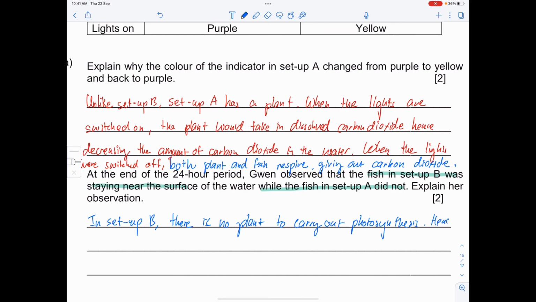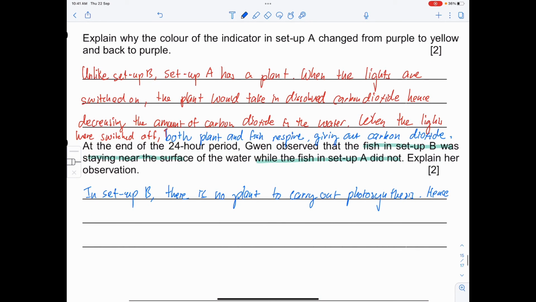Hence, there is insufficient dissolved oxygen for the fish to respire.